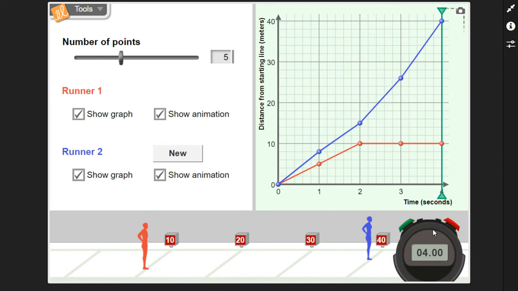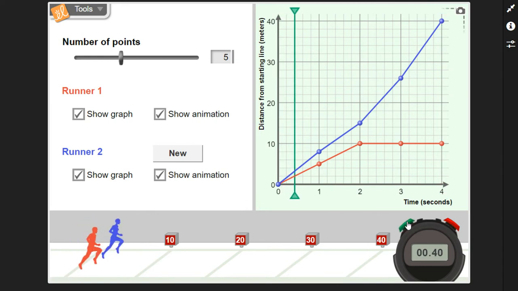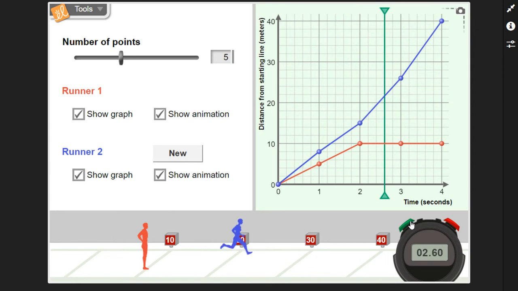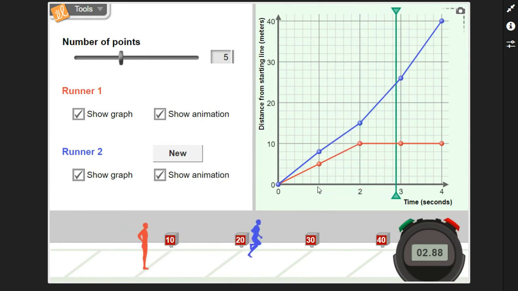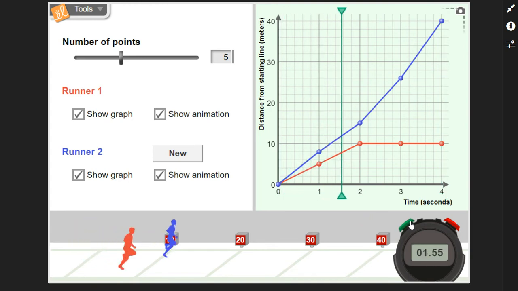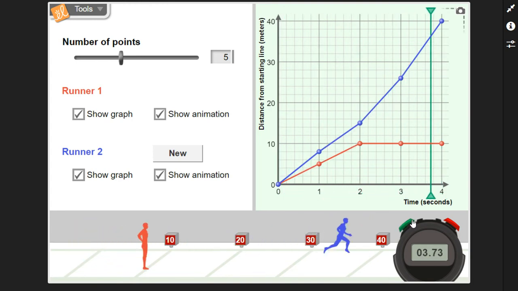And then down here, if we watch the red runner, the red runner runs at a constant speed until they get to the 2-second mark, which is the 10-meter mark, and then they stay at the 10-meter mark, even though time keeps going. So once the red runner gets to the 2-second, 10-meter mark, they stay and time keeps going. So they stay at that position, which is 10 meters.